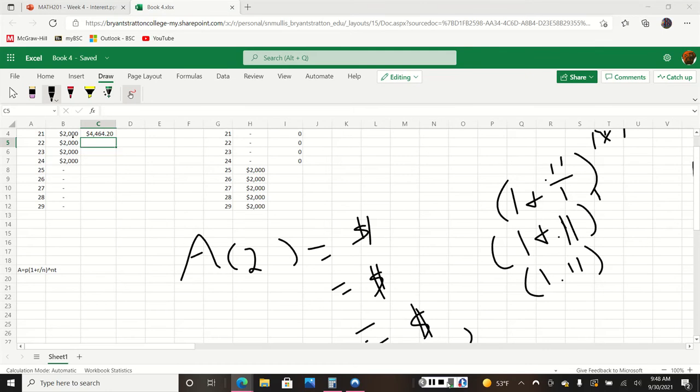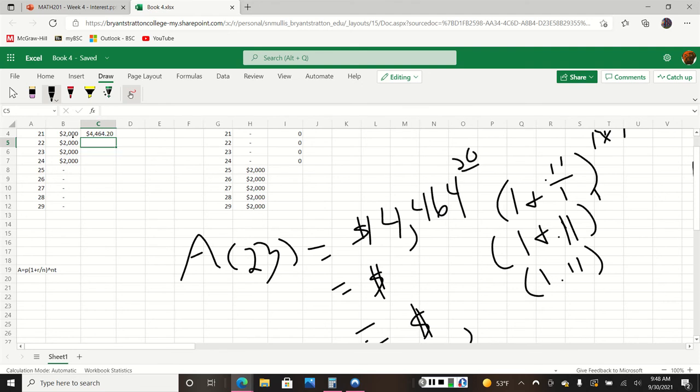All right, so next we're going to do age 22 for Taj. So at this age, we're just trying to calculate the interest that's accumulating. So we're going to use that $4,464.20.